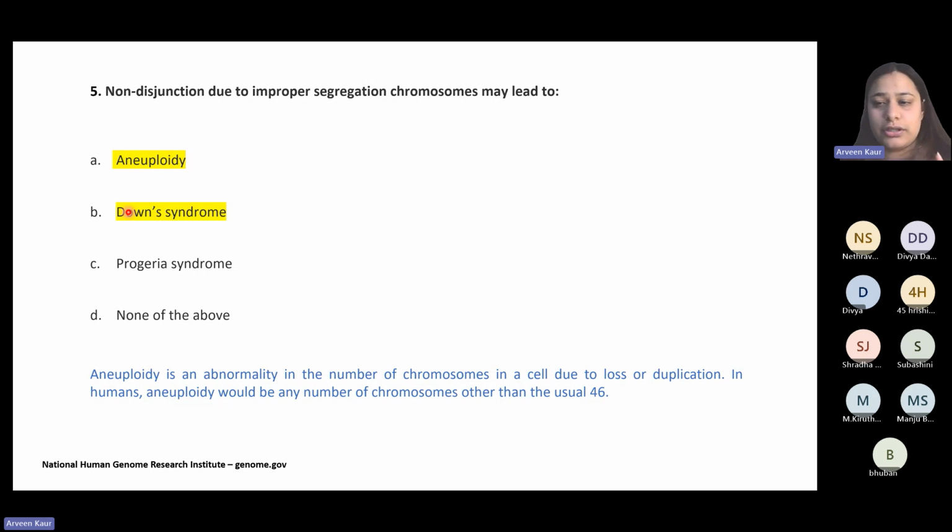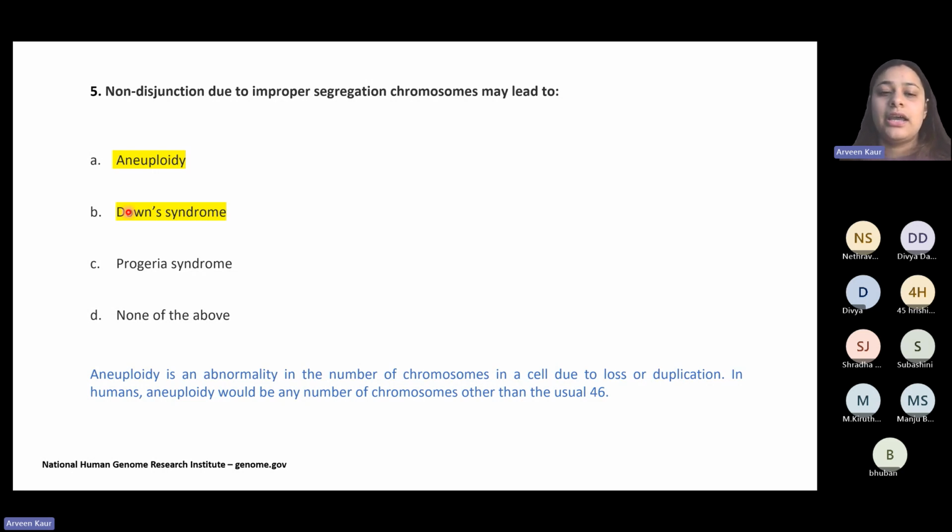So one of the cells that is now formed has three copies of chromosome 21, and the other one only has one copy of chromosome 21, right? Ideal case scenario, what would it have been? That both of these cells have two copies each of chromosome number 21.